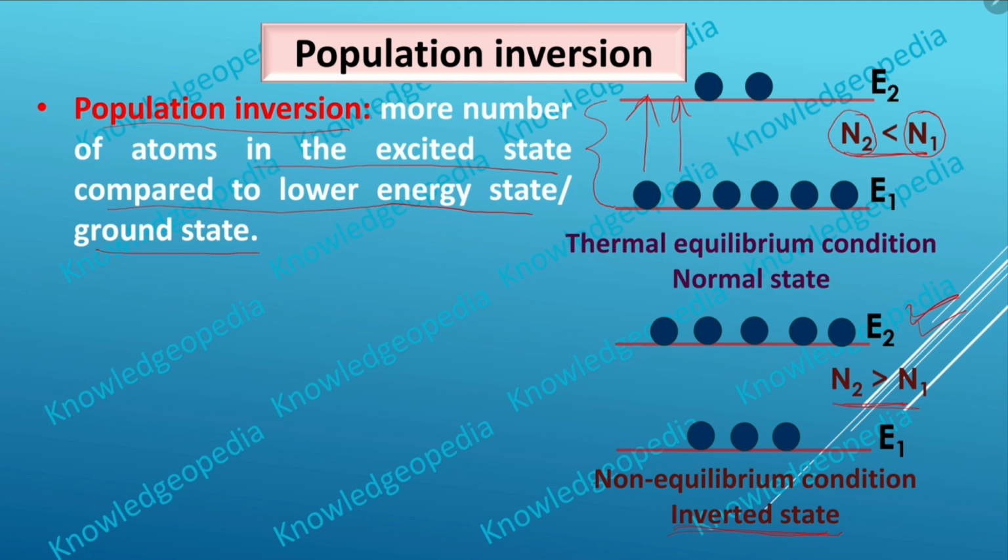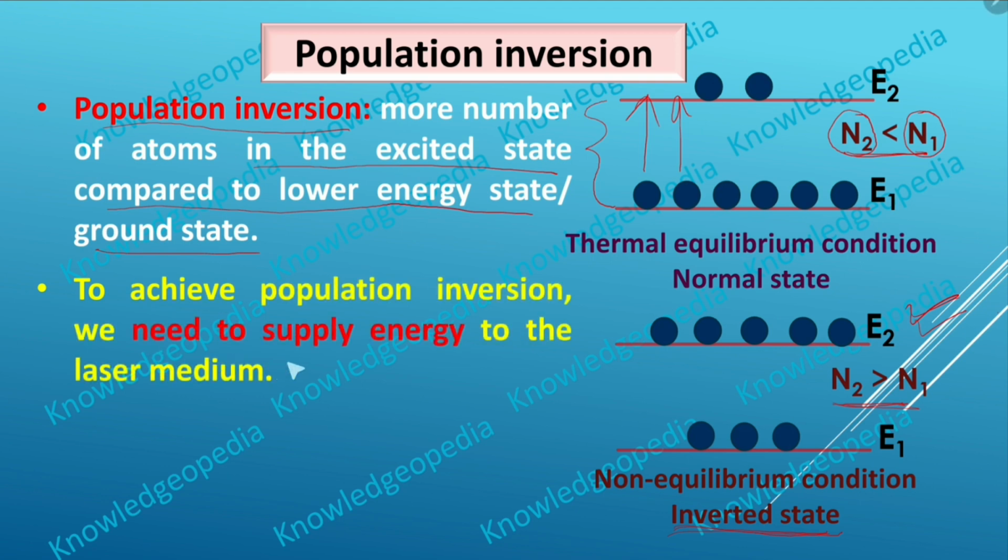We should have more atoms at the excited state compared to the lower energy state or ground state, right? Now, as I have told, these atoms cannot move by their own from one state to the other. They have to get some energy from an external source. Thus, to achieve population inversion we need to supply energy to the laser medium.